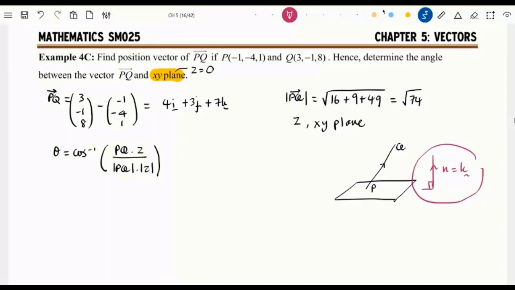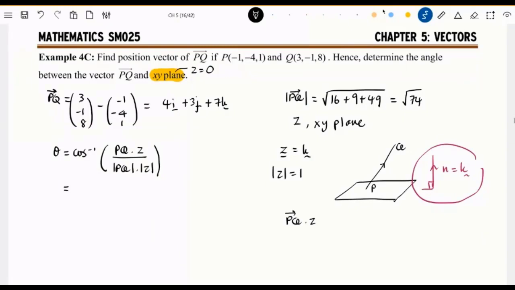Tapi so far, untuk soalan ini, for XY plane, kita consider kamu punya position vector adalah K. Okay, nilai Z kamu adalah K. So Z adalah K. So koordinat magnitude dia adalah 1. Okay. So we substitute into the formula. Kita tak cari lagi dot product kan? Dot product.